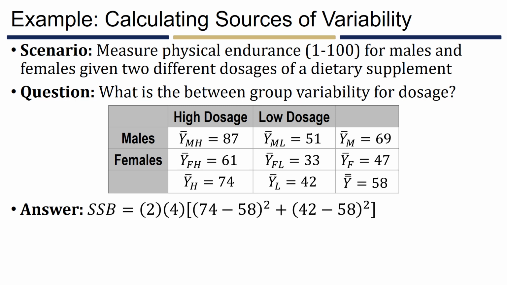Then we'll add on the difference between the average physical endurance score for the subjects given the low dosage of 42 minus the grand mean of 58, squared. We'll take that sum and multiply it by the number of categories in the row variable, which is 2, times the number of observations per cell, which is 4. This gives us 8 times the quantity 256 plus 256, giving us an SSB of 4096.